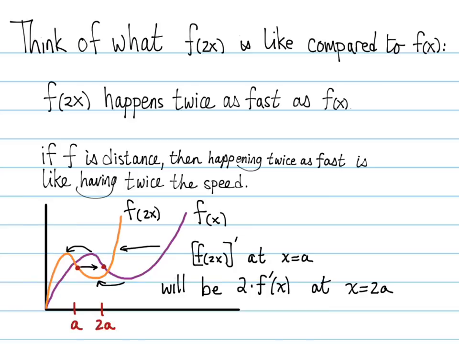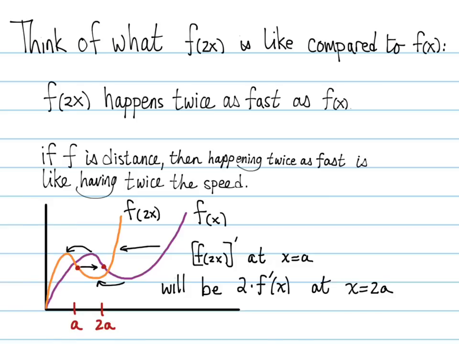If you look at a on the orange graph, that's f of 2 times a. If you go to 2a and look on the purple graph, the f of x graph, that's also f of 2a, so those have the same value. It's just that for the graph of f of 2x, it happened earlier: f of 2a happens at a instead of at 2a. So the slope at a on the orange graph should be related to the slope at 2a on the purple graph.